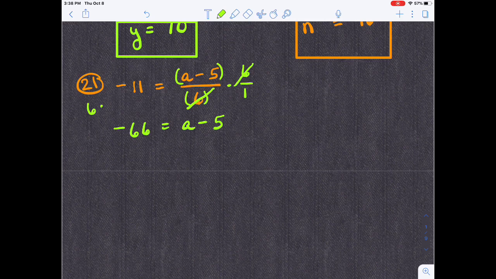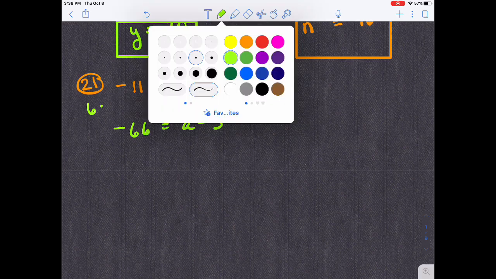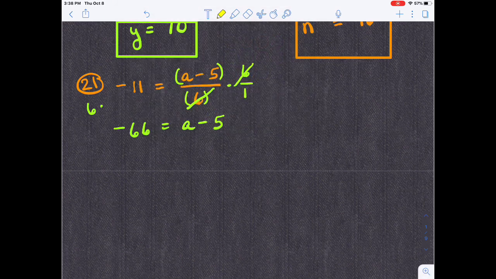They're not really changing what I do. And a minus 5, I want to get rid of this -5, so I'm going to plus 5. -66 and 5 is going to give me -61 equals a, or we could then say a equals -61.